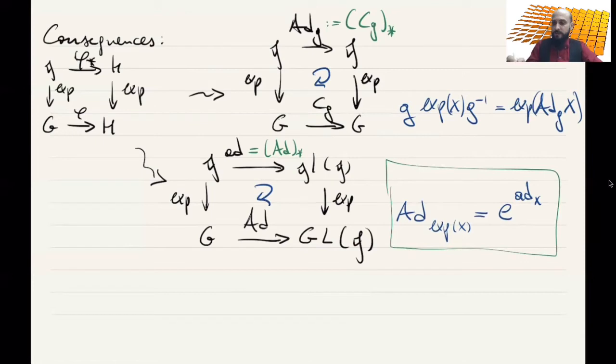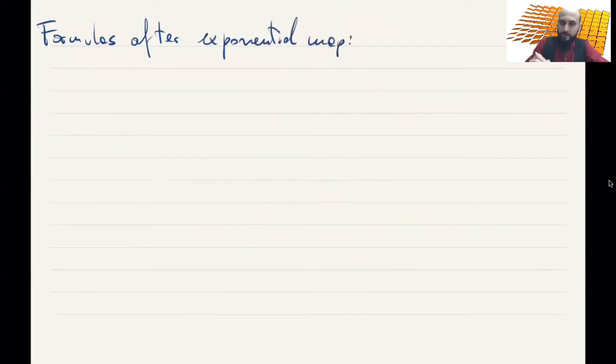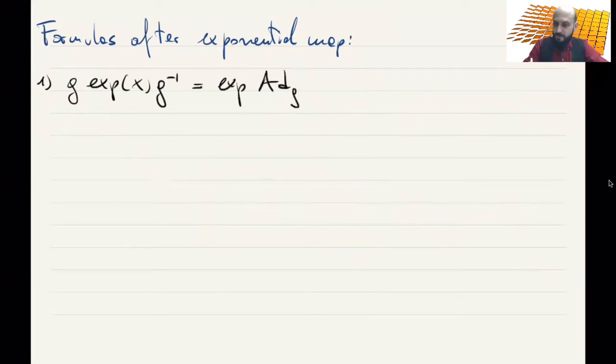All right, now let me write a sequence of formulas which more or less all come as a consequence of these two. So first I will just rewrite the previous two formulas, just to have a list of formulas. Exp of Ad g x, this is true for all x in g.